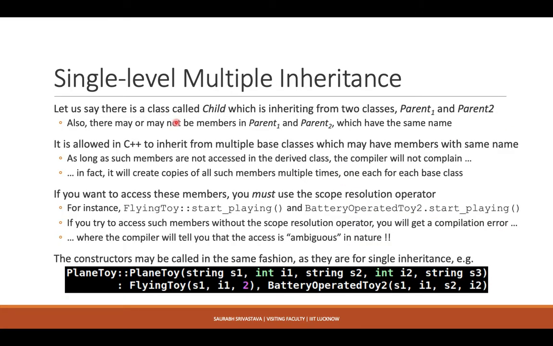Now whenever we have this multiple inheritance, one way to look at it is as single level multiple inheritance, right? This is what we just saw, flying toy and battery operated toy.